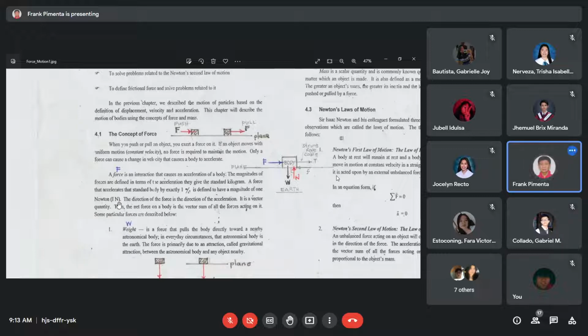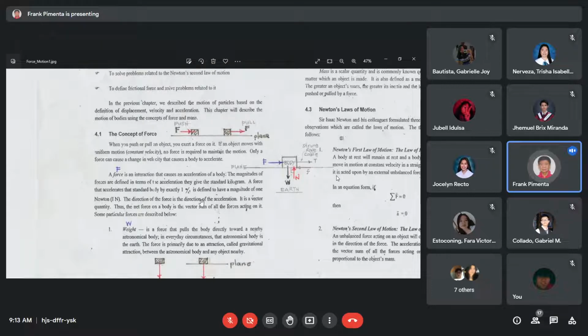How did that happen? Since the formula for force is mass multiplied by acceleration, if this body has a mass of 1 kilogram and it is accelerated at 1 meter per second squared, then substituting in the formula F equals ma, 1 kilogram multiplied by 1 meter per second squared is equal to a Newton. The unit kilogram meter per second squared is Newton. That is where the unit came from.